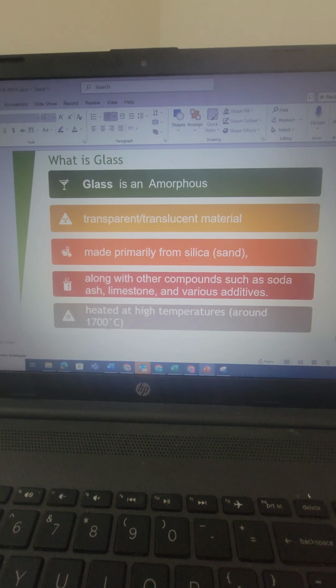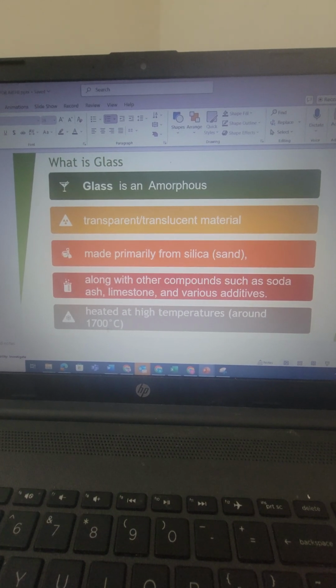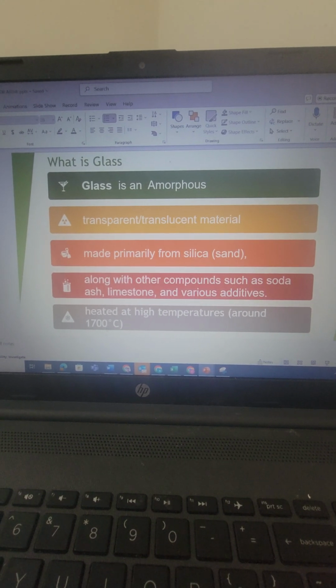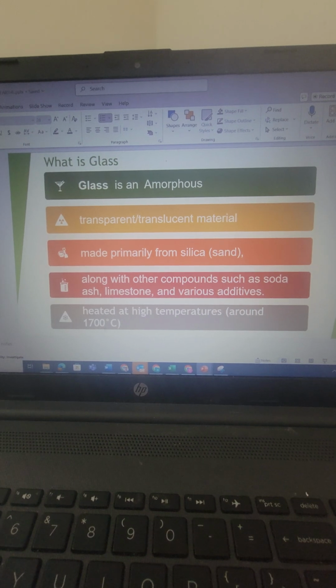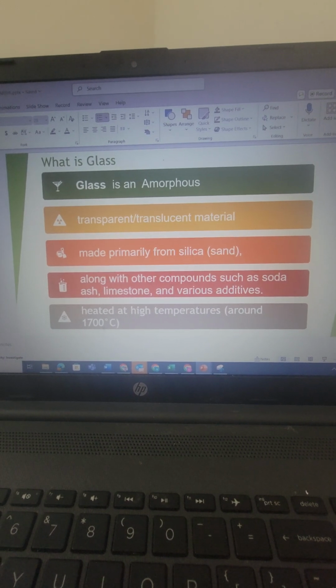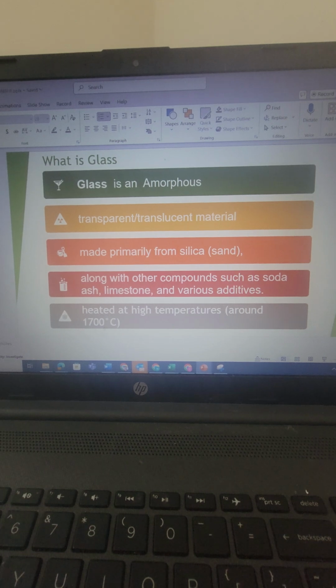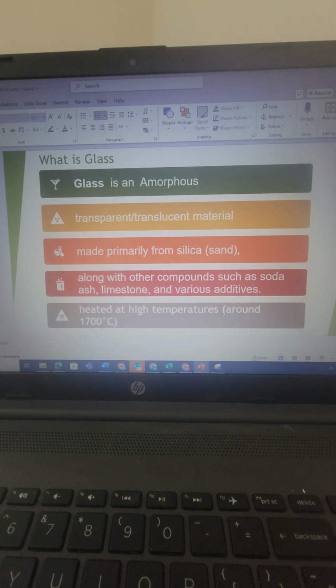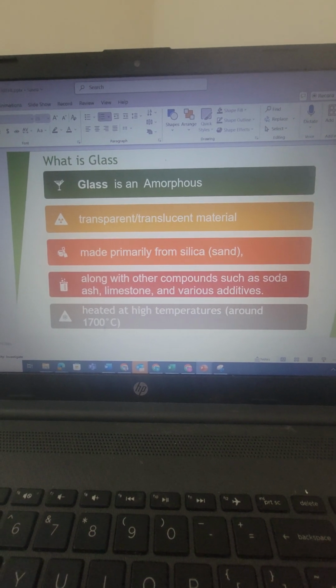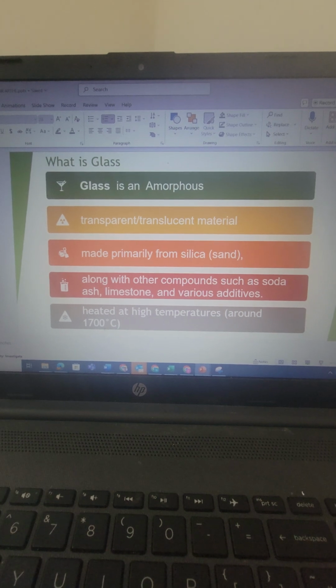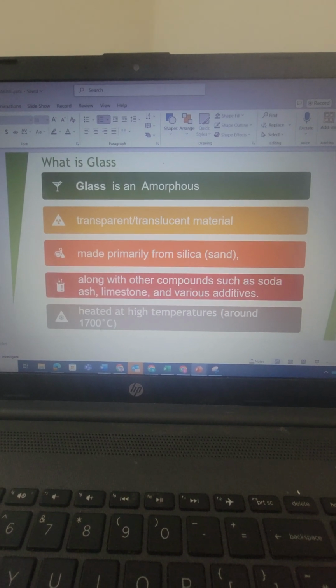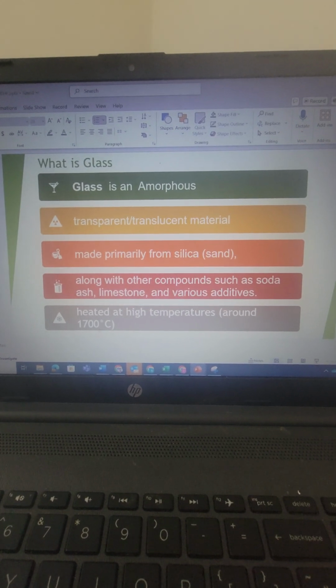It's not crystalline, because it has no ordered structure any longer after melting. So it's amorphous, it is transparent. Some are translucent, but very clear, because sometimes you add colors according to choice.